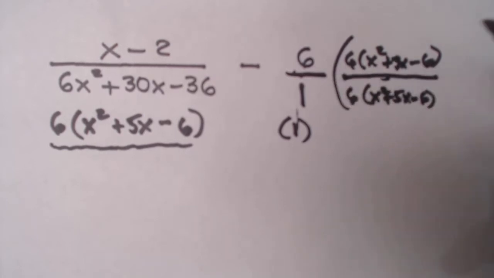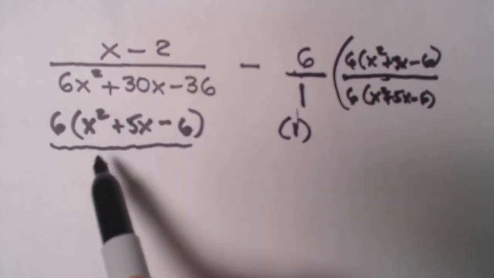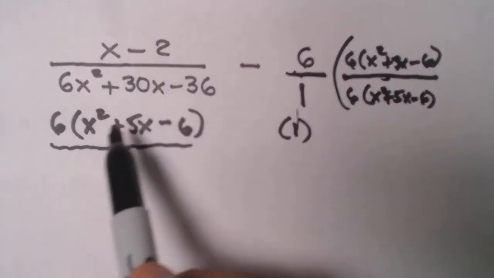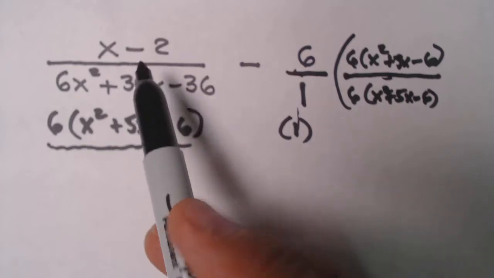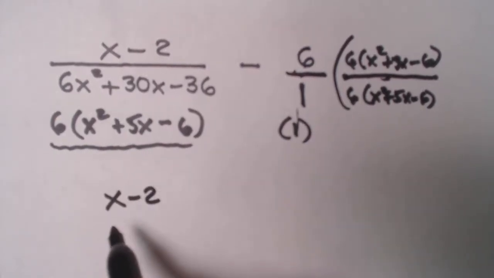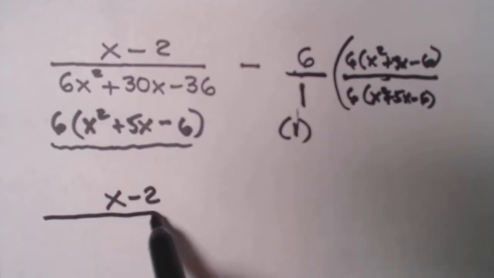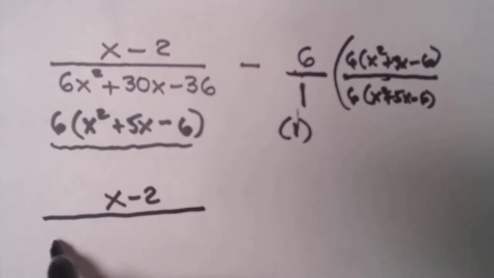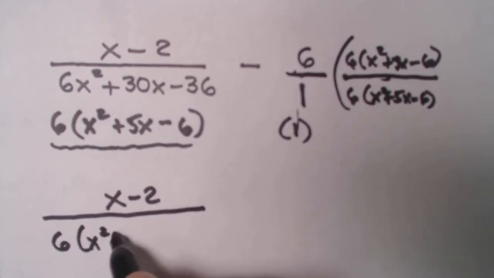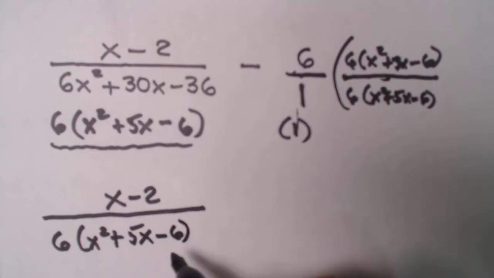So what we can do now is say, okay, this first guy right here, he was already at the common denominator, so I just copy him down the way he is. X minus 2 all over, and I'll put the factor form downstairs. 6 times x squared plus 5x minus 6.